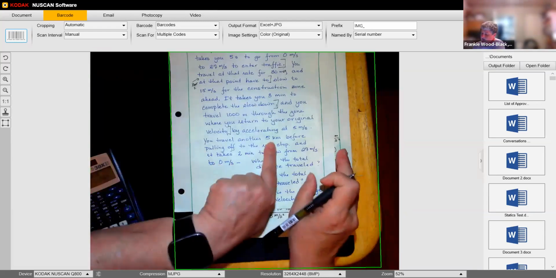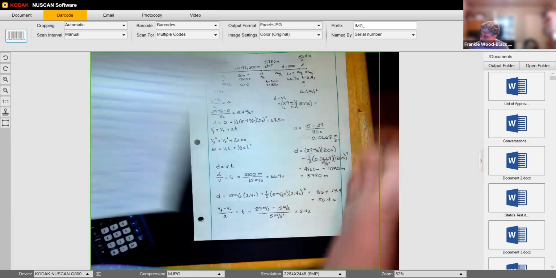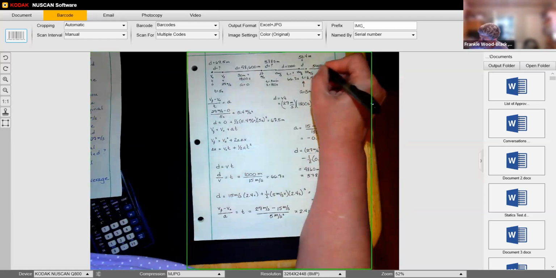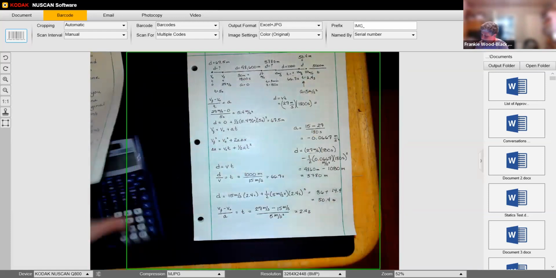Then we travel another 5 kilometers before pulling off to a rest stop. So that one's an easy one. We've got 5,000 meters and we need to know time. So we're going to figure that one out.